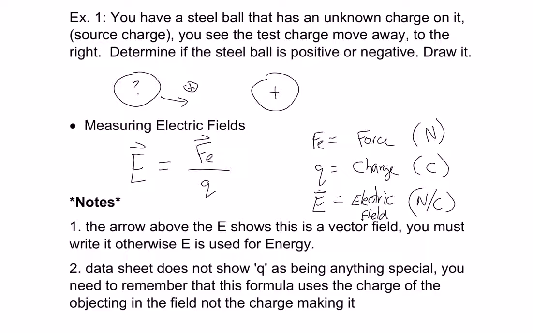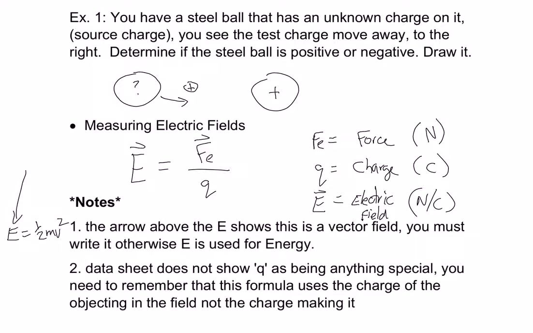A couple of key things to be aware of with this formula. First off, the E has a little vector arrow above it. We must remember that that is for electric fields. In other formulas, we've had E for kinetic energy, potential energy, those kinds of things, and in any of those formulas they don't have the vector sign.